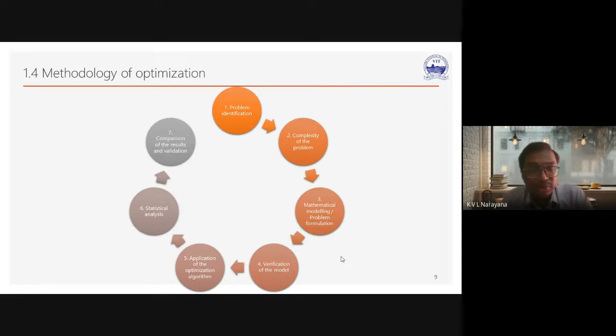If the optimization is stochastic in nature, we get different solutions every time. So we must perform statistical analysis of the results. After statistical analysis, those results are to be compared with other optimization algorithms for validation. So these are the steps involved in the optimization process.